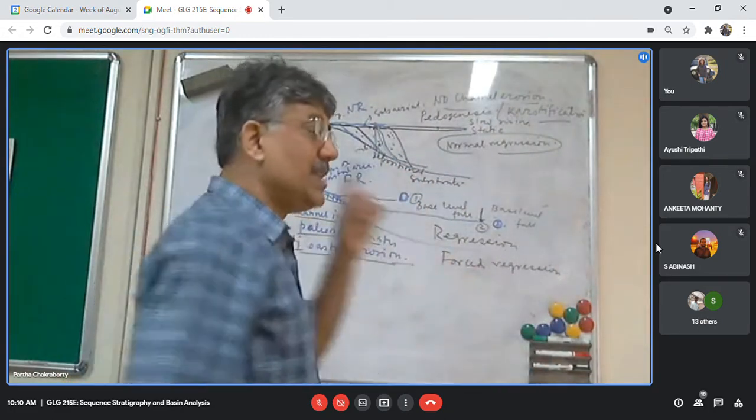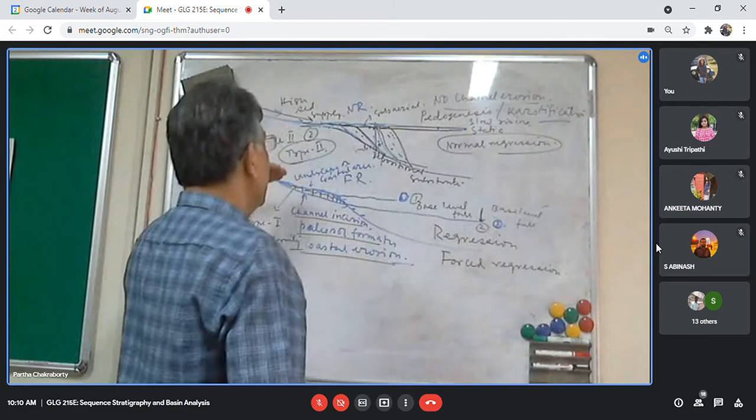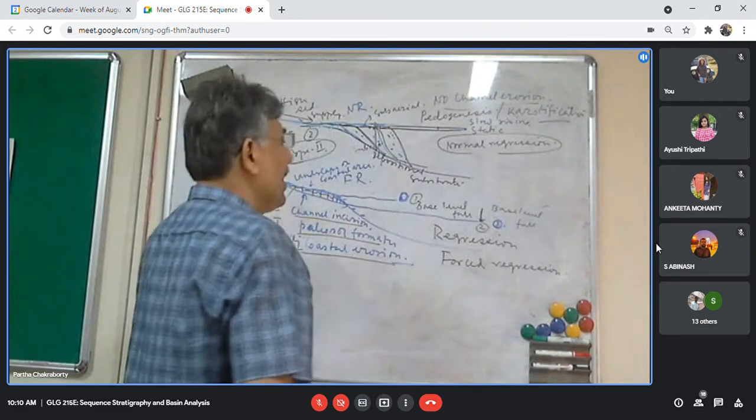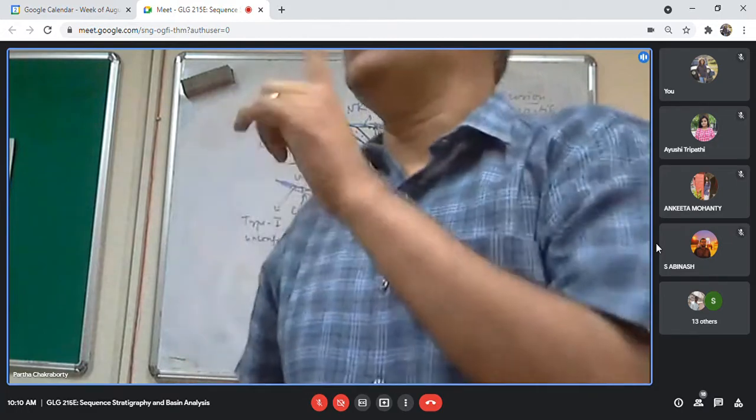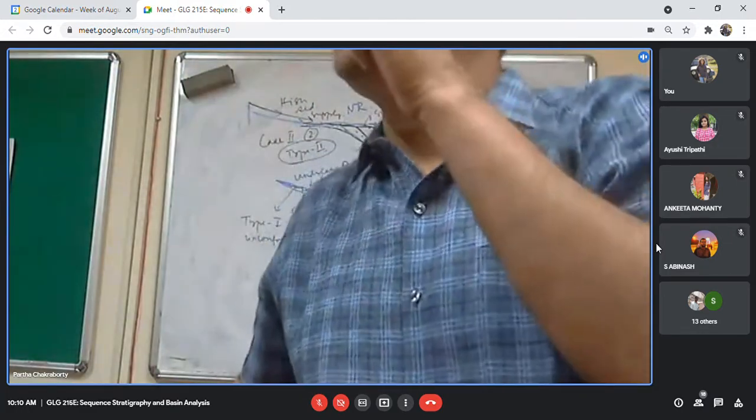Mind it, channel incision will be associated with type 1 unconformity, which is associated with forced regression. I will not get channel incision in the case of a type 2 unconformity, which is a normal regression, and there is no actual base level fall.